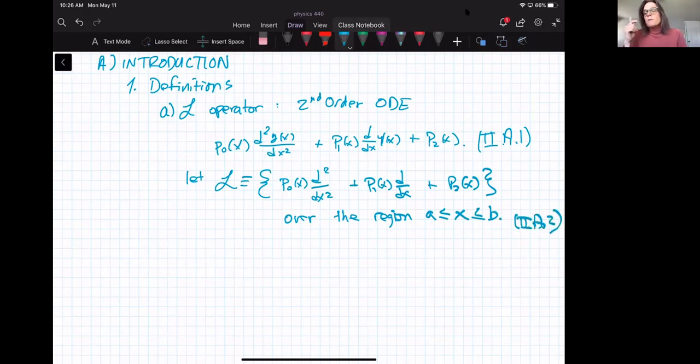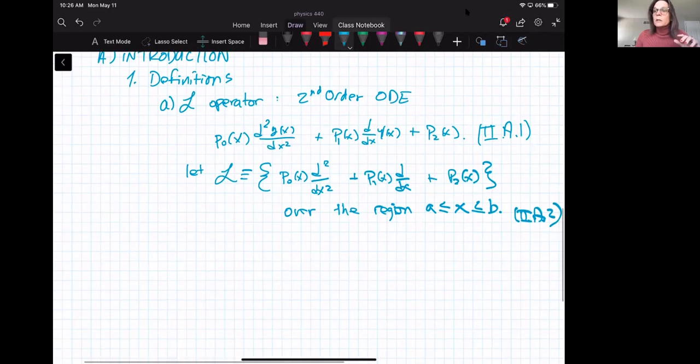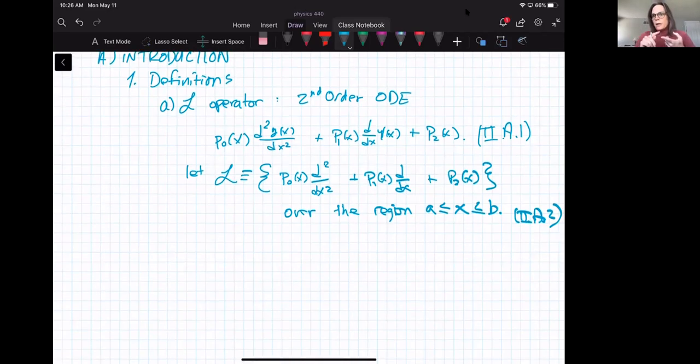That is, we're going to define our operator only in terms of this region, and that's because of what we're about to do with it, namely when we start to look at orthonormality with respect to these differential equations, because what we're doing is, in a sense, going back to vector spaces. If you want to, you can look at them in chapters 5 and 6 in this textbook.